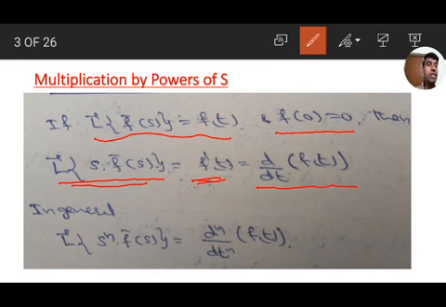In general, L inverse of s to the power of n into f bar s equals the nth derivative of f of t, that is d^n by dt^n of f of t.